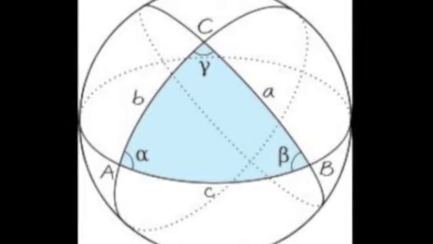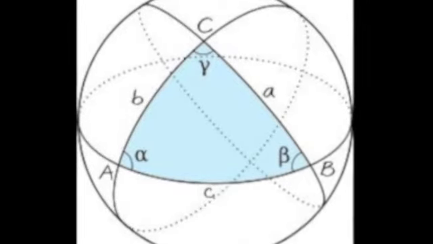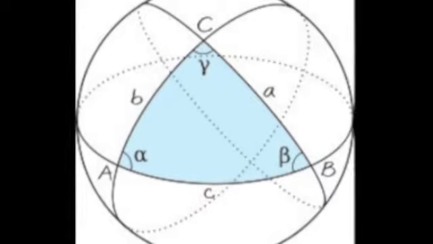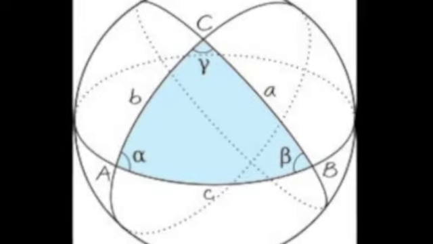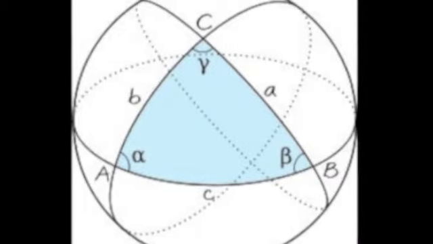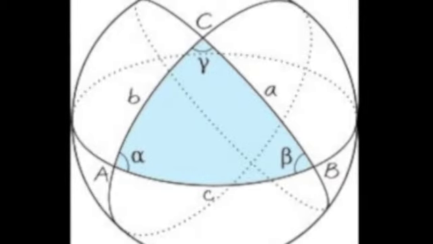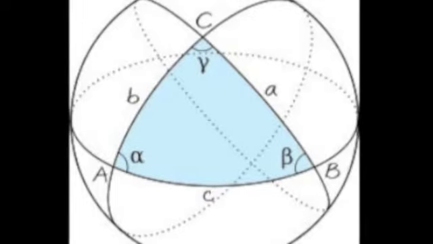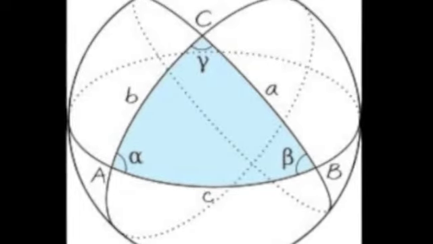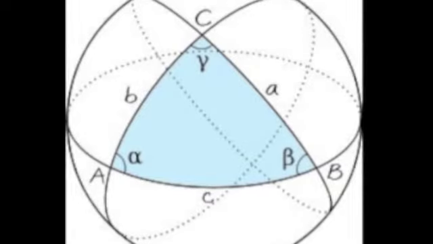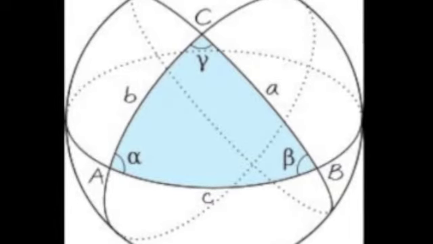In spherical geometry, the sides of a spherical triangle are also measured in degrees, and they equal the measure of the angle opposite to them. So in all of this, the sides equal 90 degrees because all the angles equal 90 degrees.